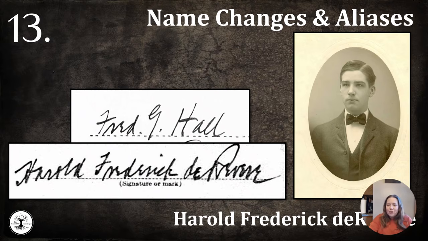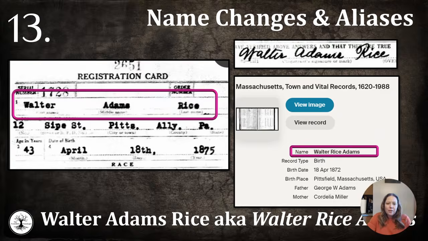People were not trying to disguise their signature because who was going to ever link it back to them? So employ those signatures, employ those photos to try to identify people. You'll find that sometimes people just inexplicably change their names too. So I had a client case for Walter Adams Rice, and he wrote his name that way his entire life.